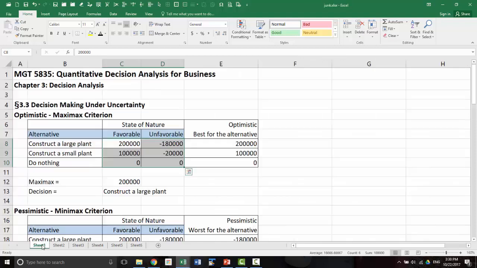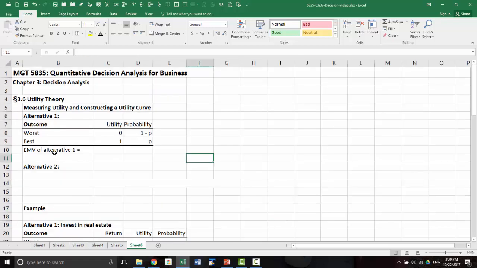In our example, of all the possible outcomes, minus 180,000 is the worst possible outcome, and you assign a utility value of 0 to it. And the best possible outcome, in this case 200,000, you assign a utility value of 1.